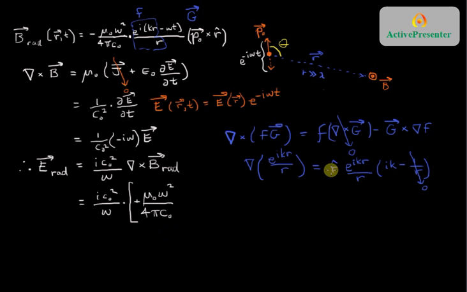I have e to the i kr over r, and I still have the e to the minus i omega t. So all of that stuff is still here. e to the i kr minus omega t over r. And then I've got a factor of ik.